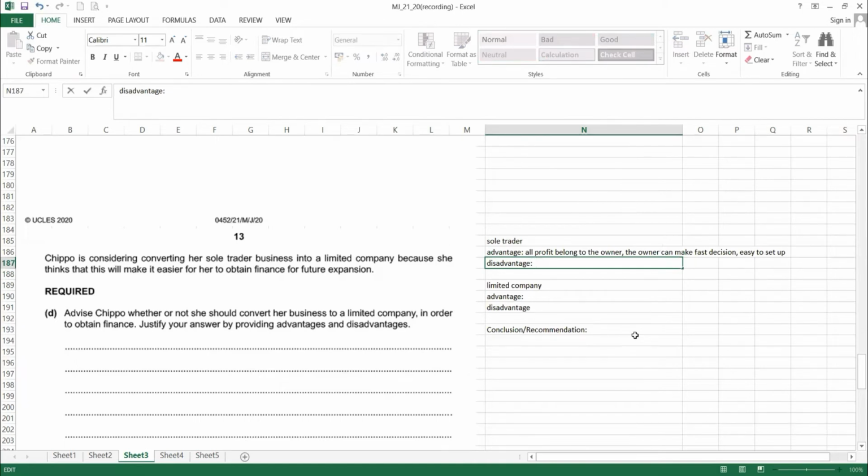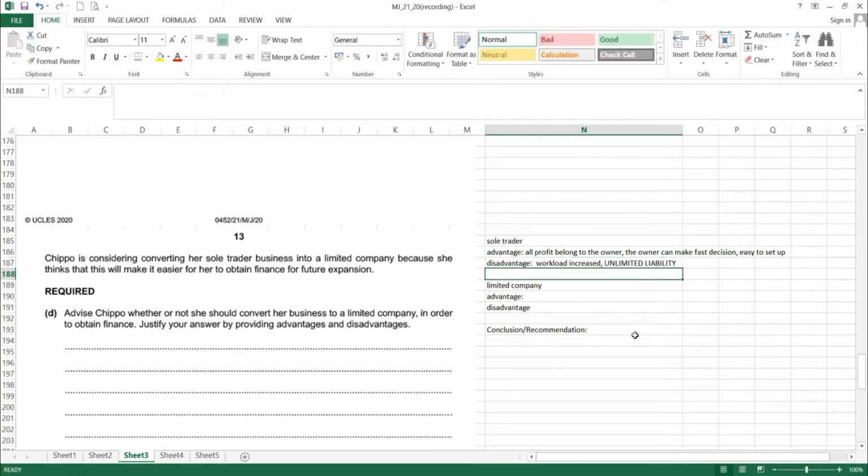The disadvantage of the sole trader is workload increases, because everything you need to do yourself. You need to decide by yourself. Okay. And then the key disadvantage, the most important for the sole trader, is unlimited liability.